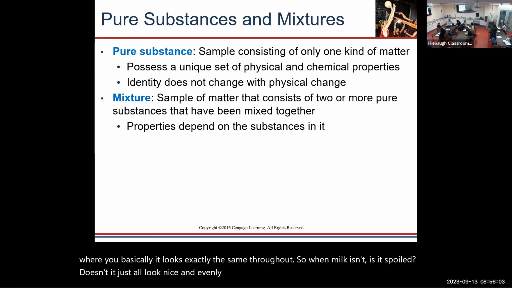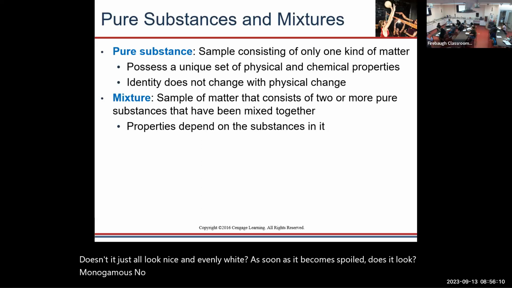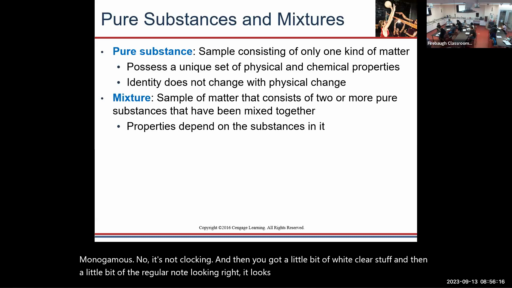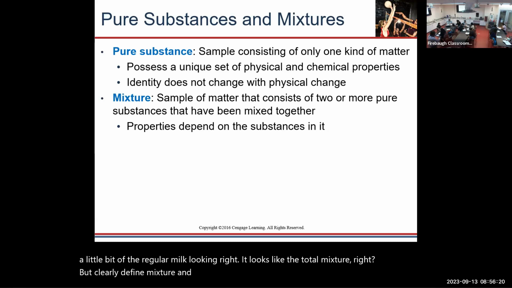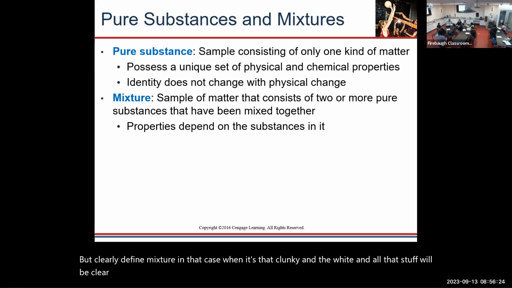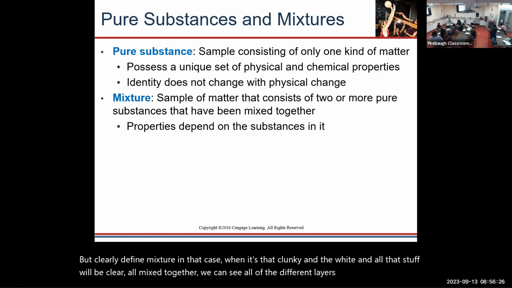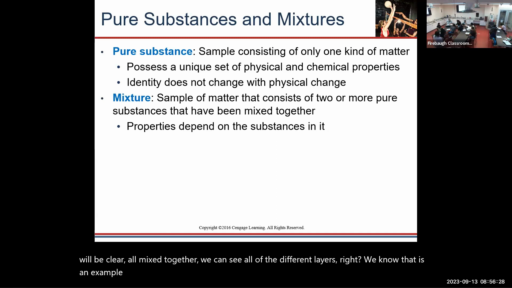As soon as it becomes spoiled, does it look homogeneous? No, it's kind of clunky, and then you've got a little bit of white, clear stuff, and then a little bit of regular milk looking, right? It looks like a clearly defined mixture. When it's that clunky and the white and the clear are all mixed together, you can see all of the different layers, right? We know that that is an example of a heterogeneous mixture.